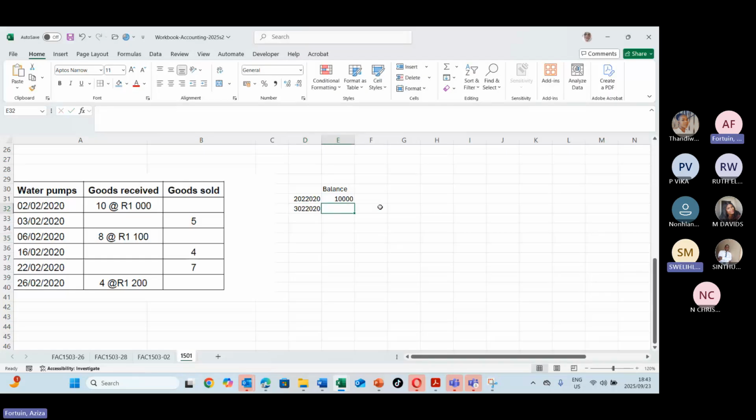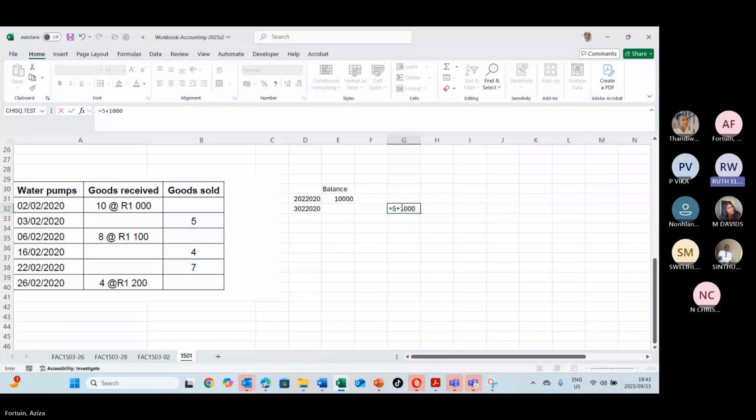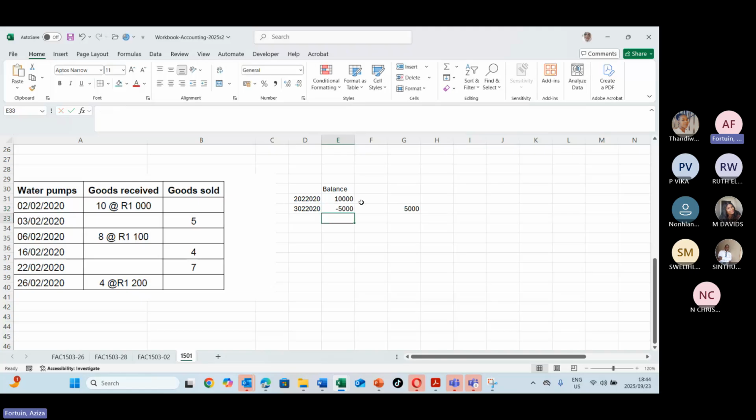So we are going to say 5 times 1,000, 5,000 rand. Okay. It's going the way I actually did it, so there is some hope. 5 times 1,000 is 5,000. And that was 10. And now we have a balance. Let's just put here balance 5 in units. So now we have 5 left.